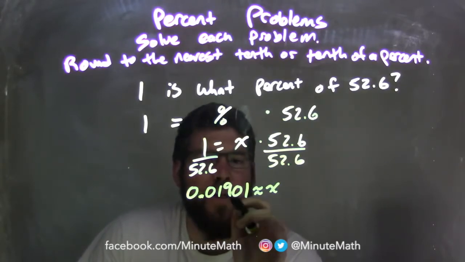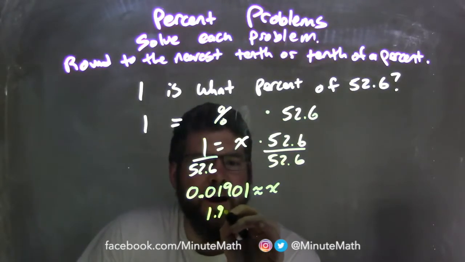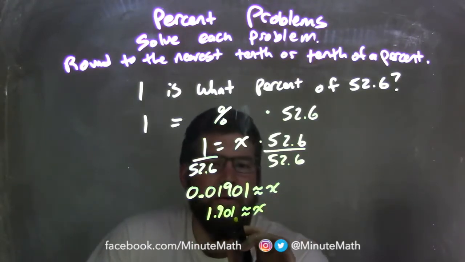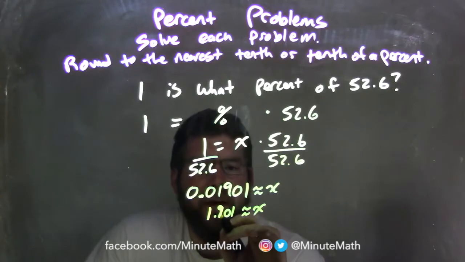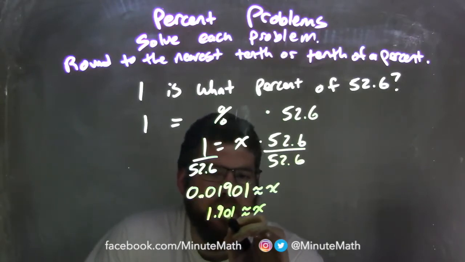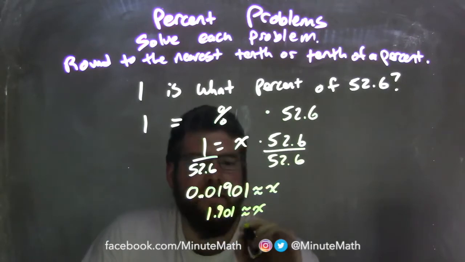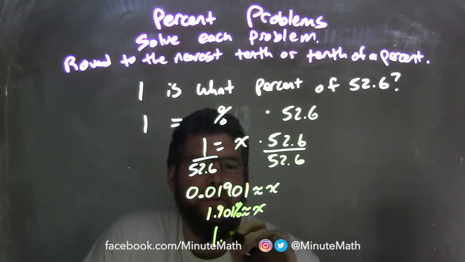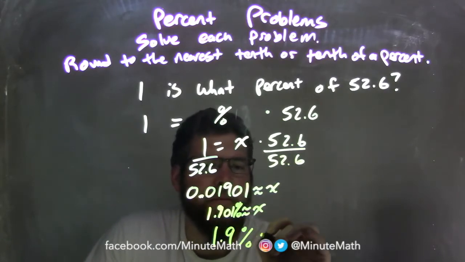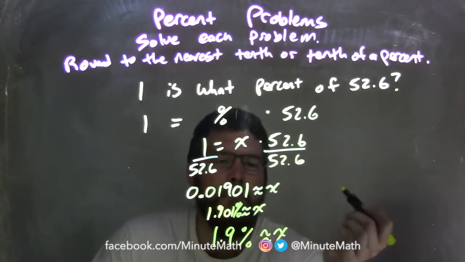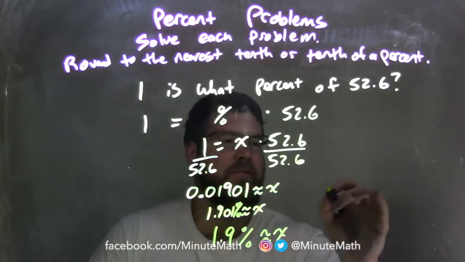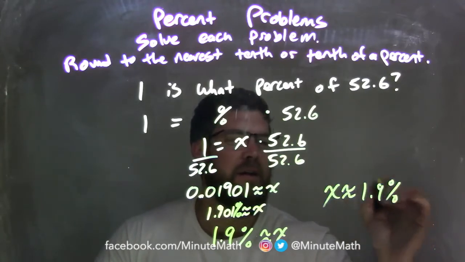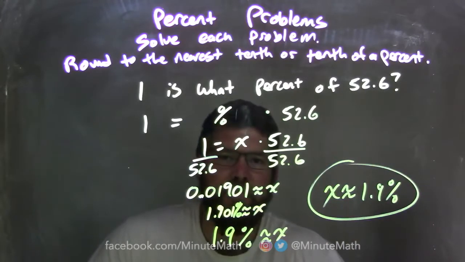Multiply that by 100, we have 1.901 is approximately equal to x. And if I wanted to round that, look at the 9 and then the 0, right? The 0 causes the 9 to stay the same. So this is a percent, by the way, right? Multiplied by 100. So we're left with 1.9% is approximately equal to x. But we can write that nice and neat, having the x come first. So x is approximately equal to 1.9%. And that's my final answer.